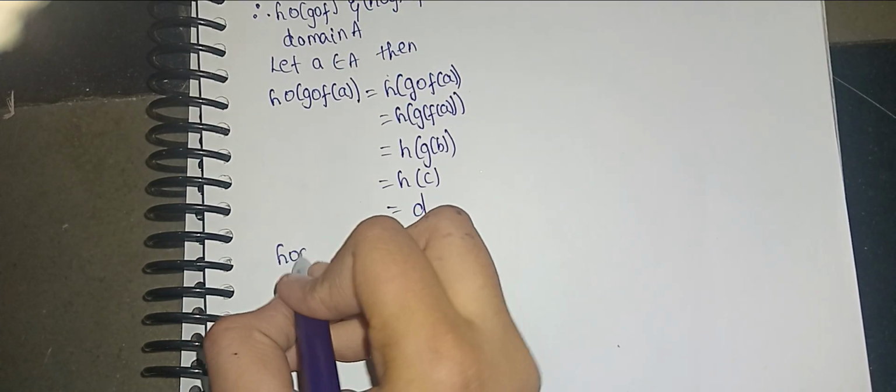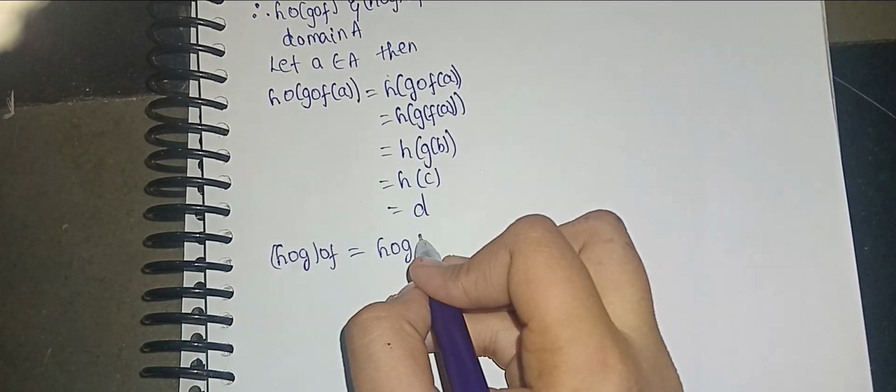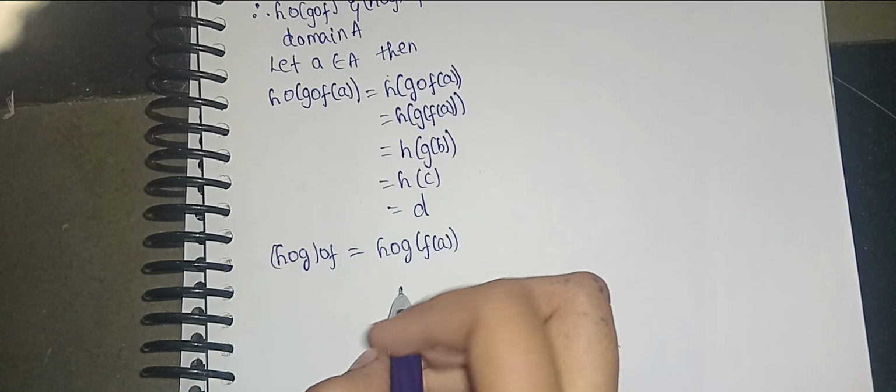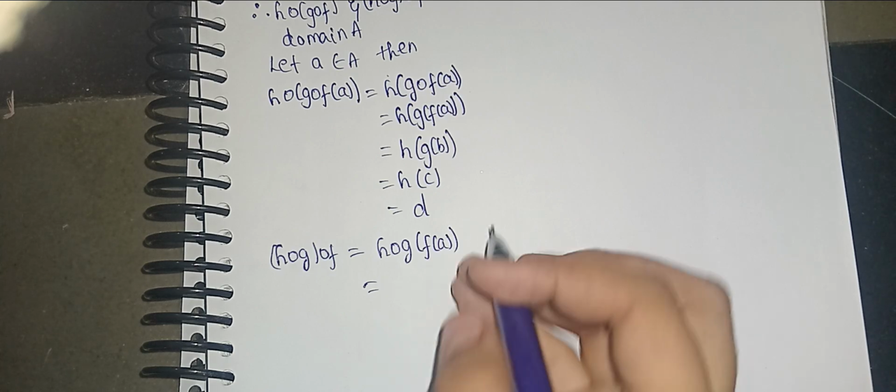Now, H circle G, whole circle F. Here, H circle G of F of A. Here, what is F of A?